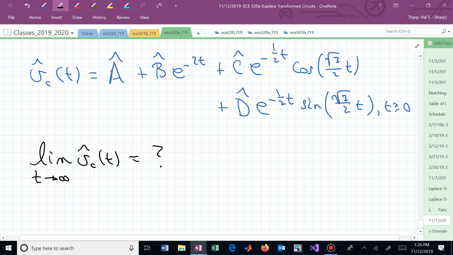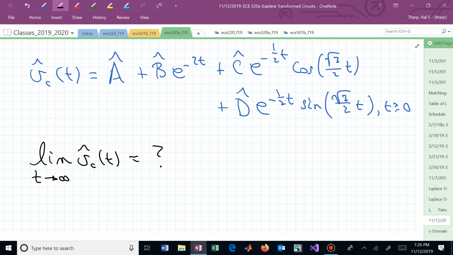Have you learned the final value theorem? No? Pardon? So if we knew the final value theorem, we could apply that to obtain this answer. We could find A hat without having to do all of that we just went through.